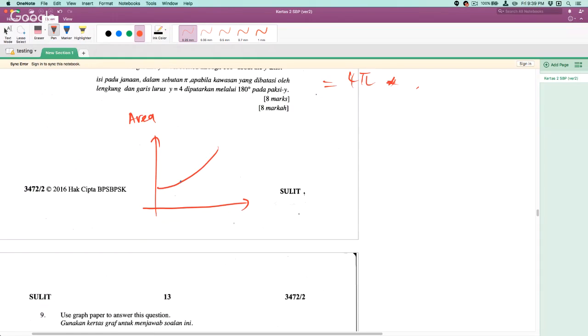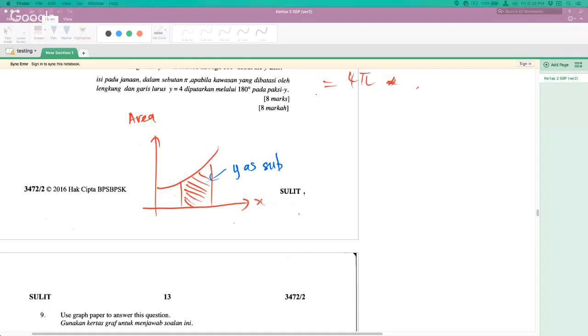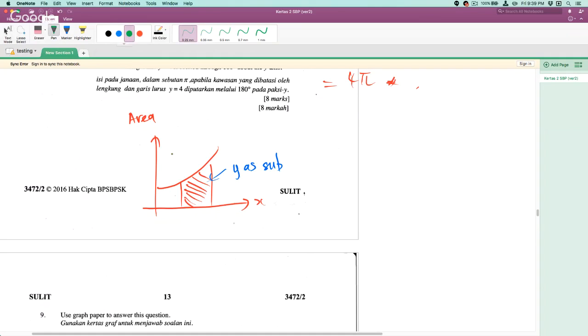If your area goes to the x-axis, meaning from the curve to the x-axis, obviously not to the y-axis, then you always want to make y the subject. The other way around, if the area is toward the y-axis, maybe A to B, then you have to make x the subject.